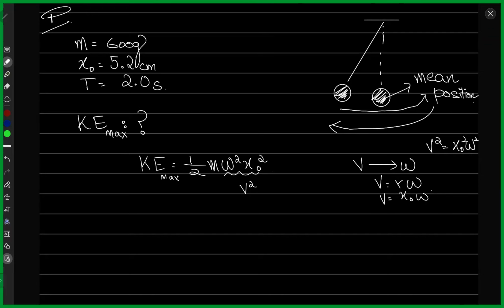Then suppose that I raise this pendulum to any height and then release it. The height that I raise it to, or the displacement actually that I give it, would be the amplitude of the oscillation, and that's 5.2 centimeters. So that's the value of x naught. Now, you want to find out the maximum kinetic energy of this pendulum, meaning you will have to find out the maximum speed of this pendulum, right?